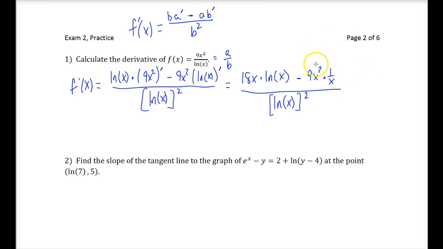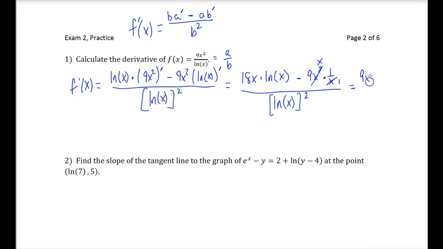The only other thing we can really do here is we know the x squared and 1 over x reduces to just x. So we have a 9x here. And if you notice, 18x is basically 2 times 9x. So we have a common factor of 9x in both terms.